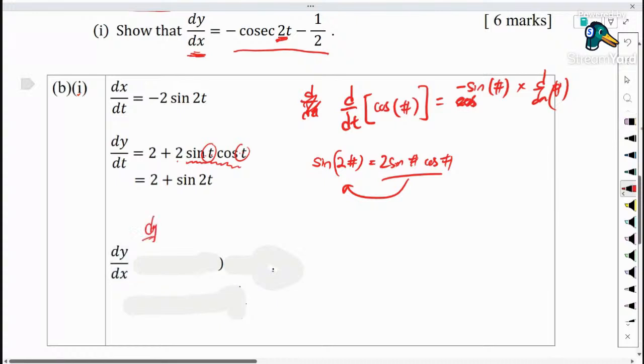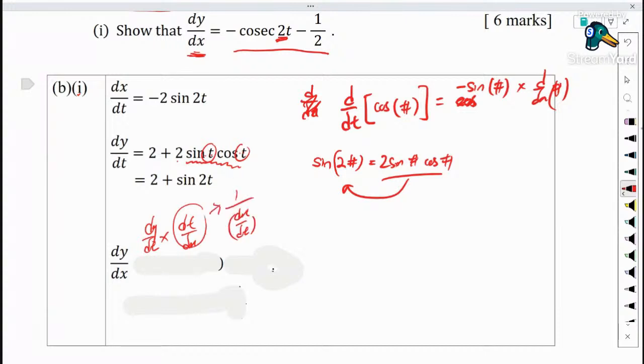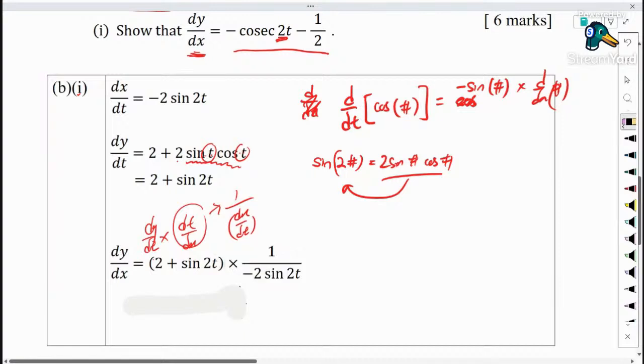It will be dy/dt multiplied by dt/dx, where this is 1 over dx/dt. So substitute dy/dt and 1 over dx/dt: 2 multiplied with 1 over minus 2 sine 2t. I will find out that I have the result.